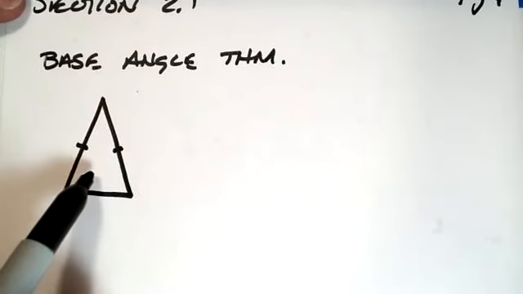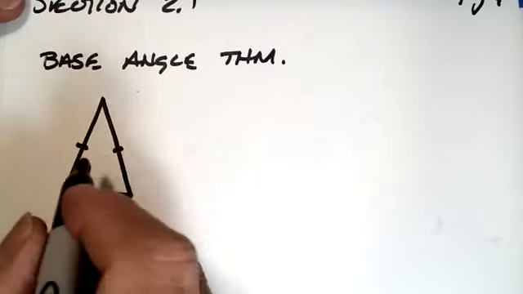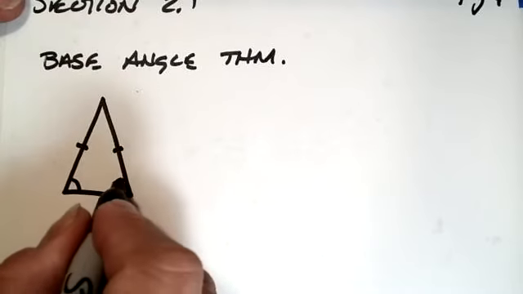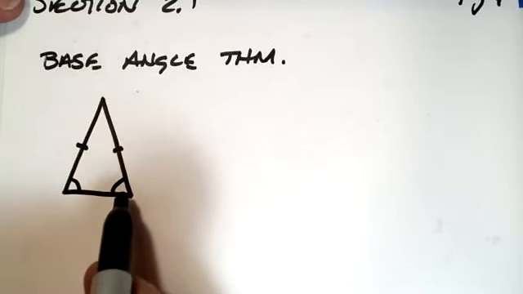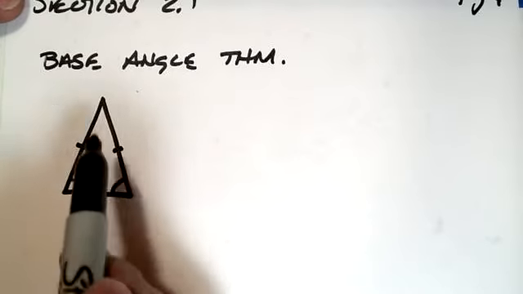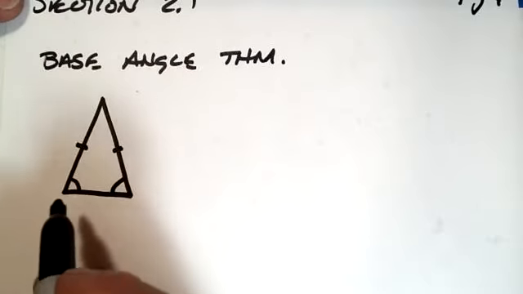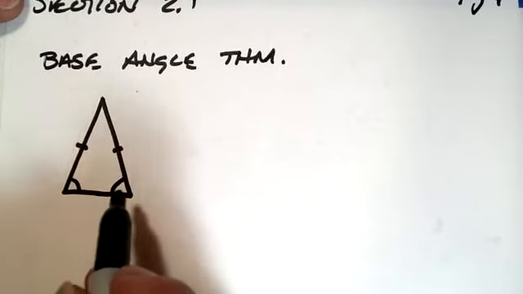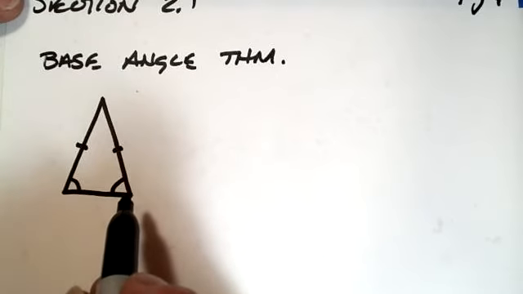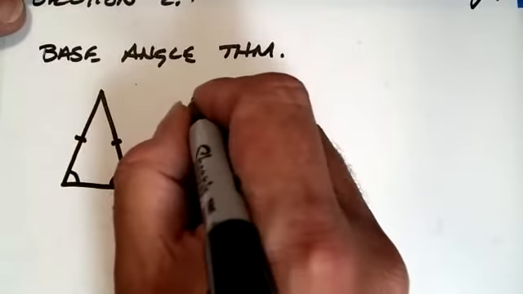Now, the base angle theorem says that if you have an isosceles triangle, then the associated angles, which are called the base angles, because if you think of it, it's like the base times the height, that's kind of where that term comes from, these base angles are actually equal as well. So I'll just state it.